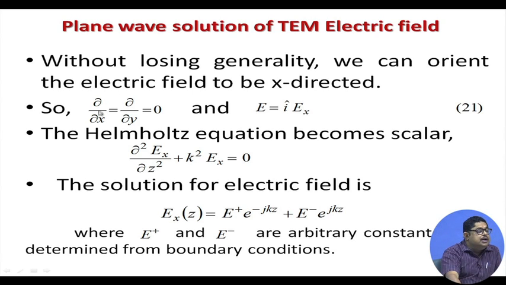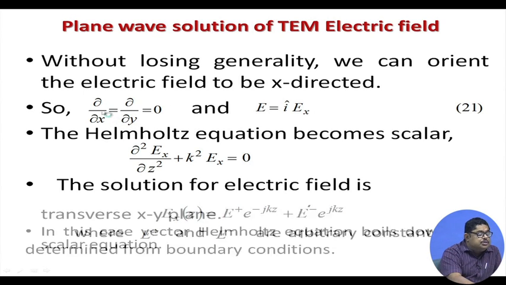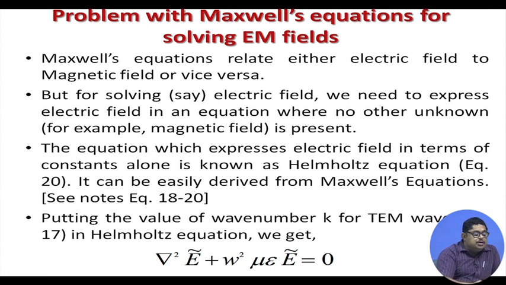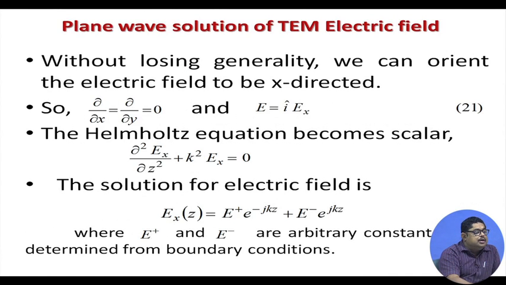That means del by del x is equal to 0 and del by del y is equal to 0. So, you put that into the Helmholtz equation, because this del square means del 2 by del x 2 plus del 2 by del y 2 plus del 2 by del z 2. So, if you put that, it becomes simply this.